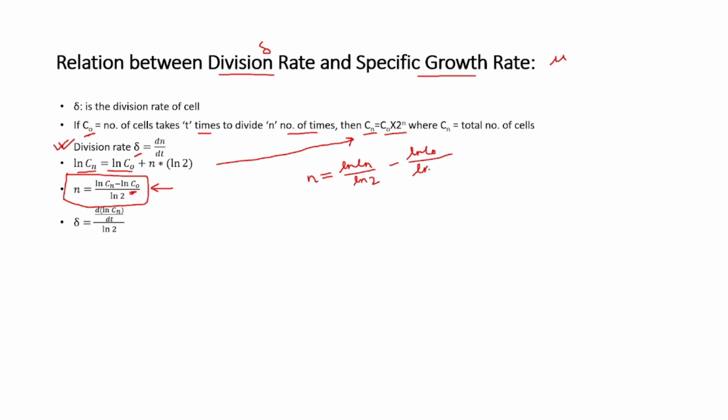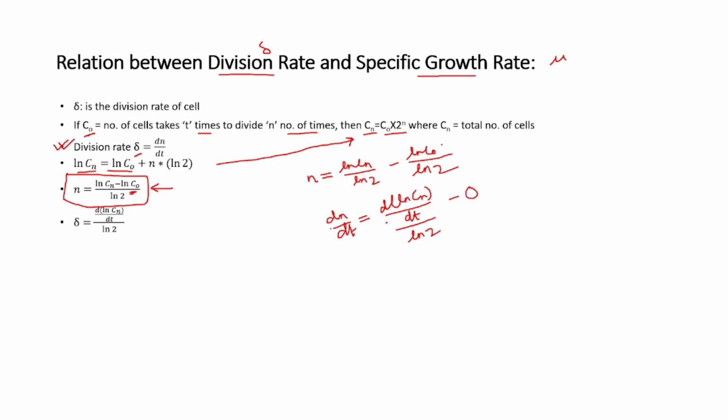So if we differentiate this, what will happen? dn/dt will be written as d of ln Cn by dt, whole divided by ln 2, and because the right hand side is constant, this part will be 0.